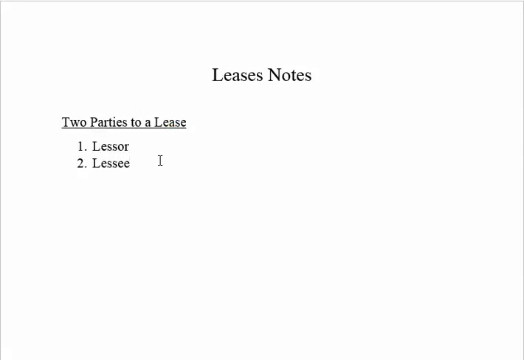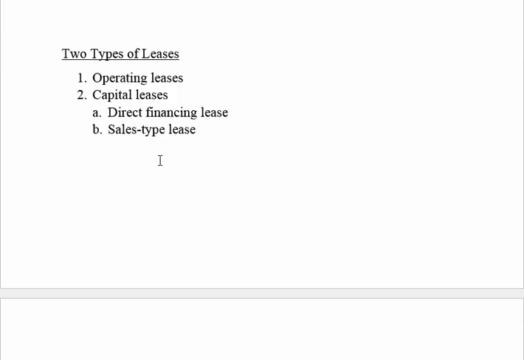Okay, now the kind of lease, there are actually two types of leases, and the kind that you're going to be most familiar with probably is an operating lease. It's your typical tenant-landlord situation. The landlord owns the house or apartment, they rent it out to the tenant.